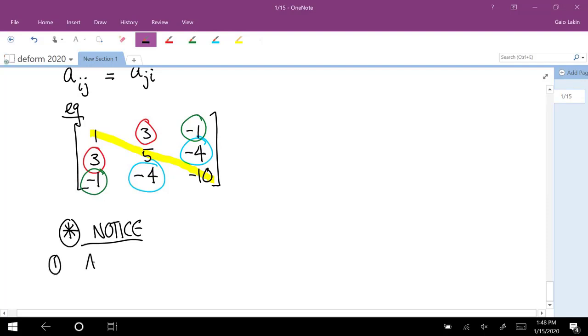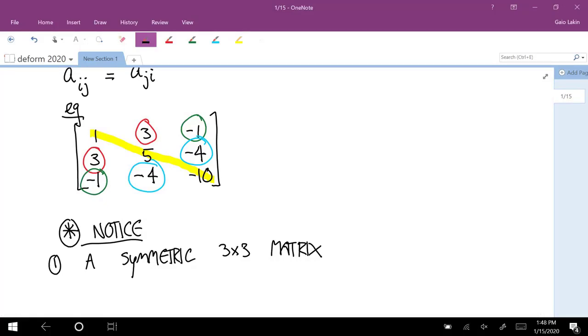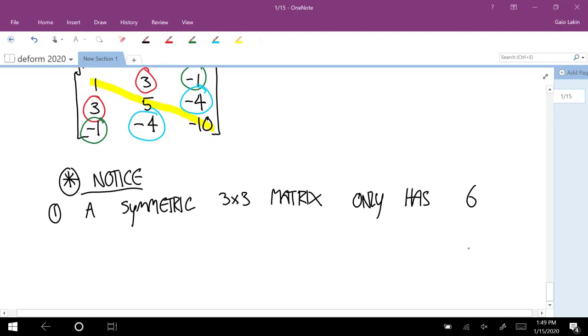The first one is that a 3x3 matrix obviously has 9 values, but a symmetric 3x3 matrix only has 6 independent values. Once you choose the values in the upper triangle, that fully determines the values in the lower triangle. So it only has 6 independent values.